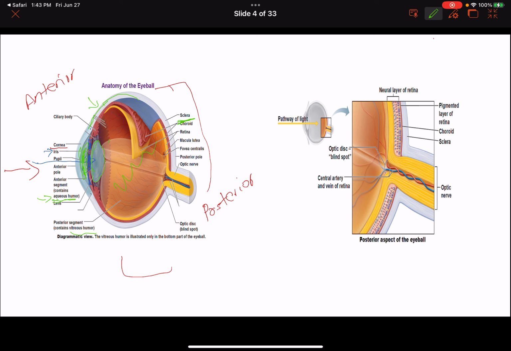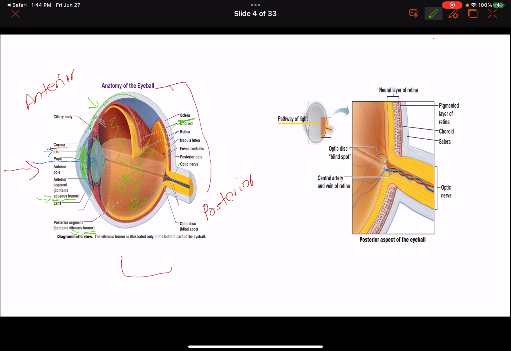Aqueous, aqua, means water, so this is a very liquidy structure. When you dissect, you see the fluid coming out. But in the posterior segment, inside the cavity, there is a jello-like structure, the vitreous humor.